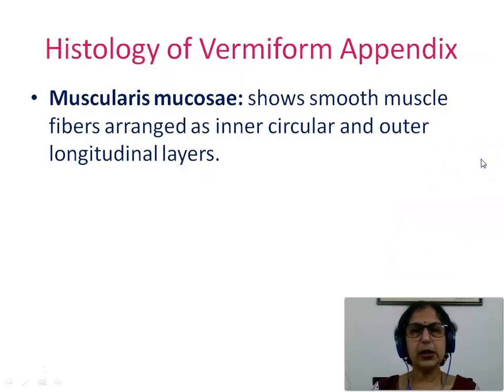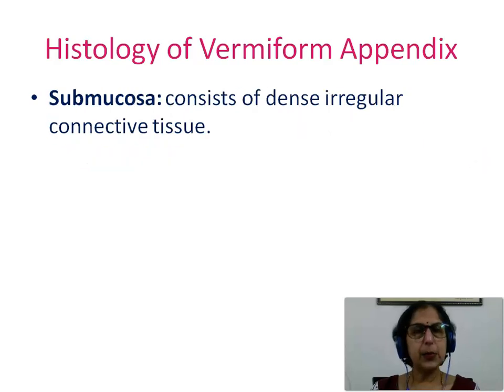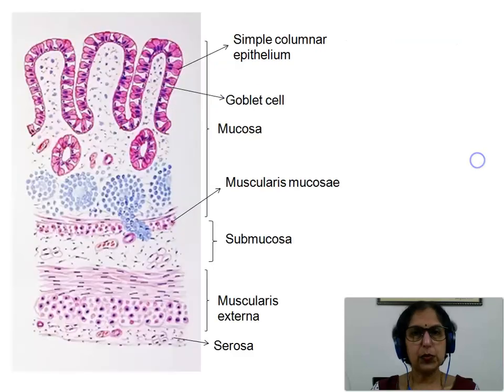Muscularis mucosae shows smooth muscle fibers arranged as inner circular and outer longitudinal layers. Submucosa consists of dense irregular connective tissue. The same diagram here shows the muscularis mucosae, seen as inner circular and outer longitudinal layers of smooth muscle fibers.